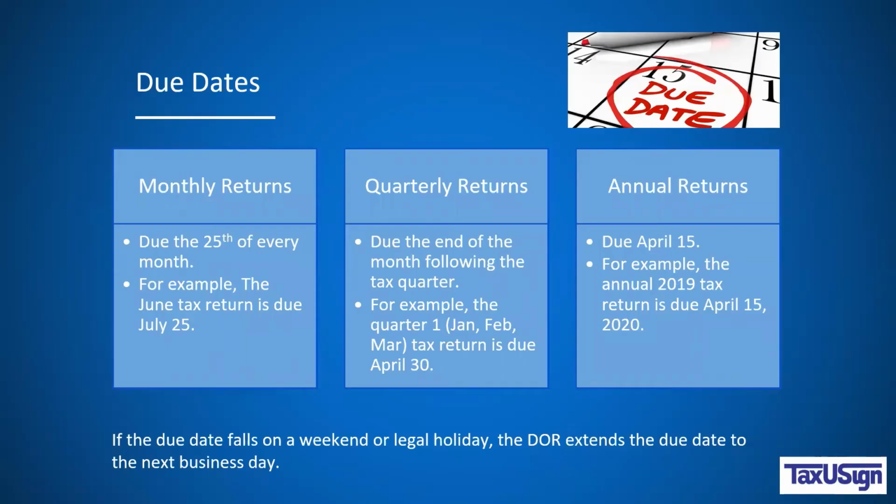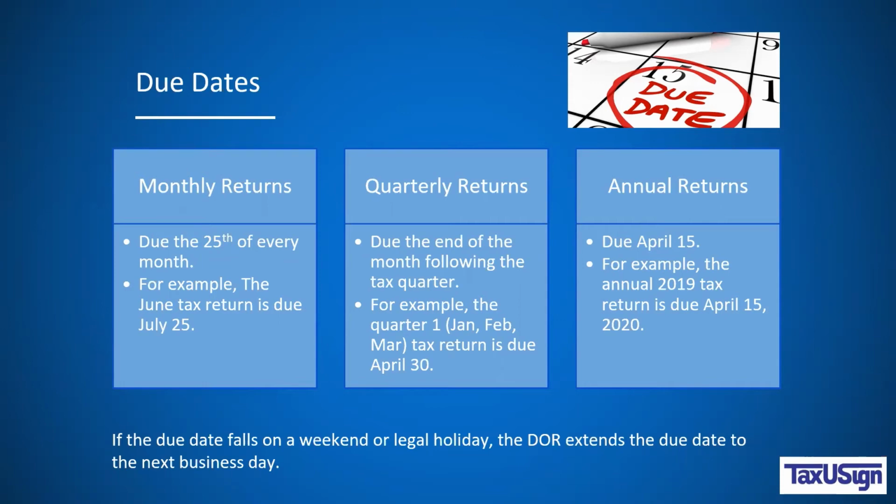The due dates for your Department of Revenue tax return. When is your tax return due? If you file monthly, it's due the 25th of every month. For example, the June tax return is due July 25th. If you file quarterly, it's due the end of the month following the tax quarter.